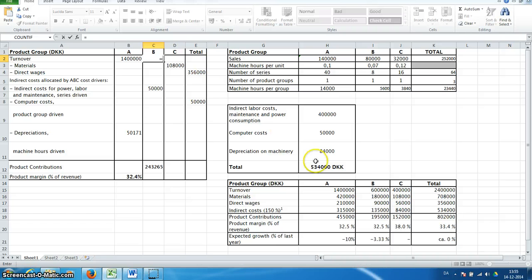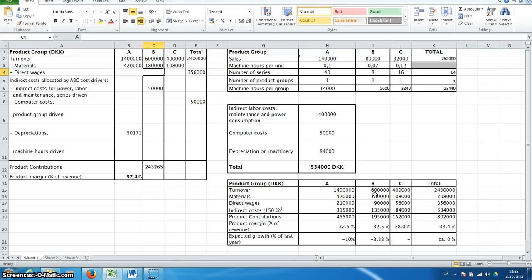This number, we can find that in this table, 600,000. This number, we can find that in this table, and of course the total will just be equal to 2,400,000. The material cost, all the direct cost, well, we can take that from the standard costing analysis down here. That's no problem.